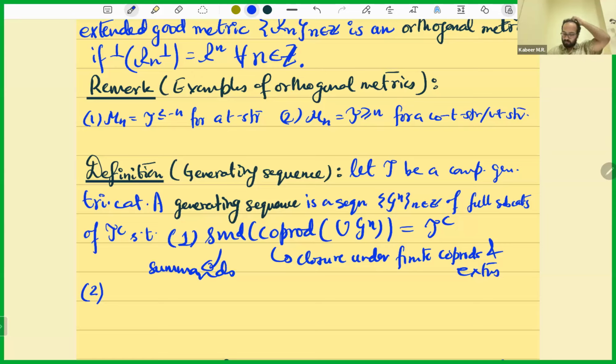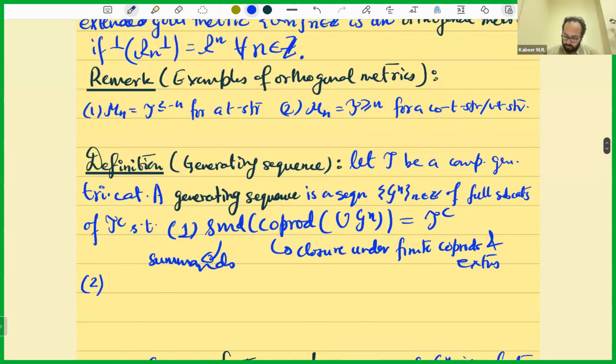So the smallest category which is closed under finite coproducts, extensions, and summands, and which contains all of these subcategories, is exactly the category of compacts. And the second condition is a bit more technical.